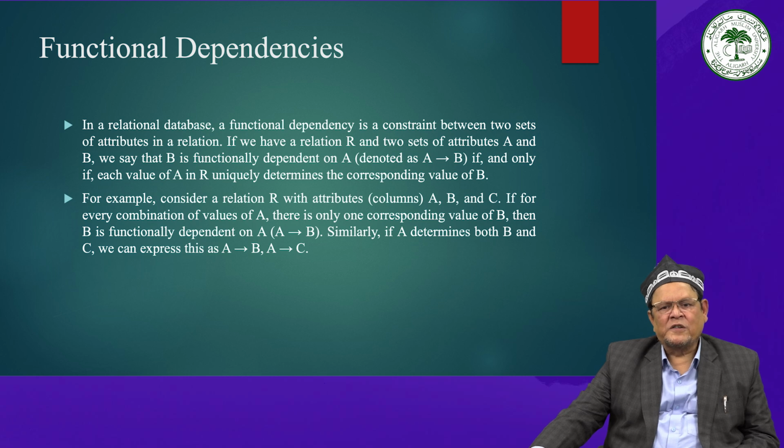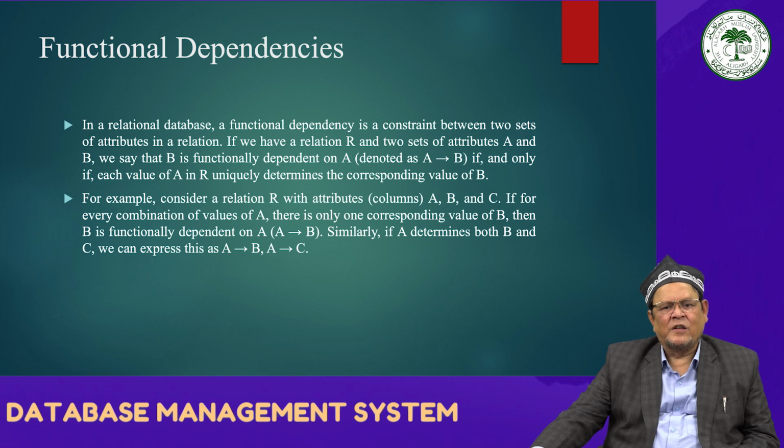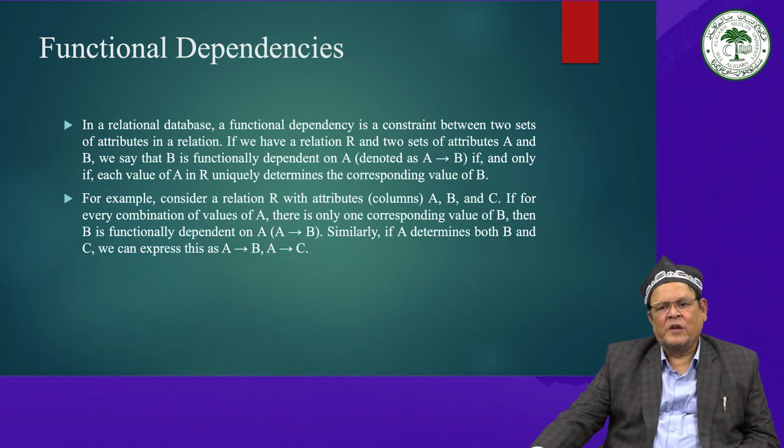In a relational database, we can say a functional dependency is a constraint between two sets of attributes in a relation. For example, if we have a relation R with two sets of attributes A and B, we say that B is functionally dependent on A, denoted as A → B, if and only if each value of A in R uniquely determines the corresponding value of B. Let's take another example.